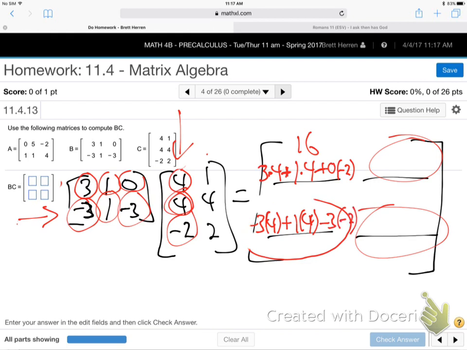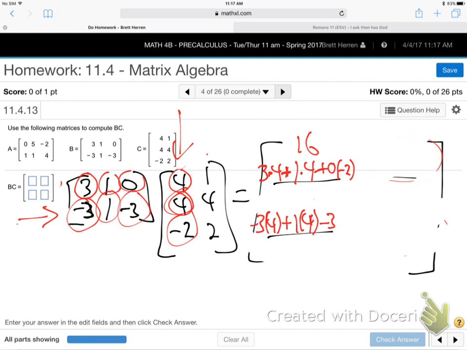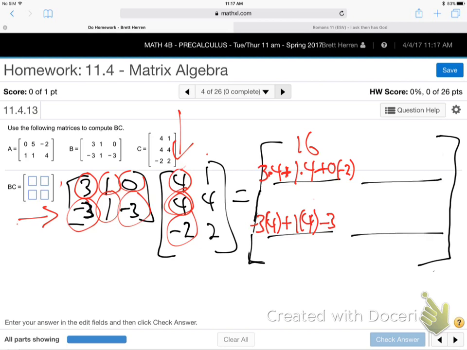That's kind of scribbly here. So what is that number? -12 plus 6. Is it -2? Did I do that right? Okay. So we got 2 answers out of 4.